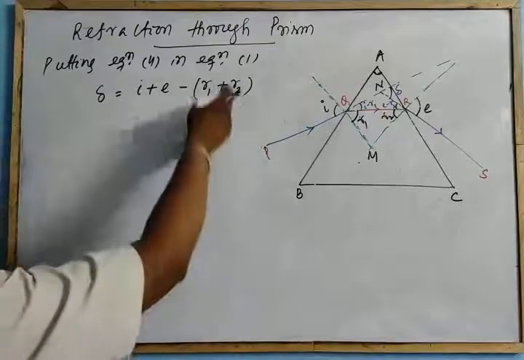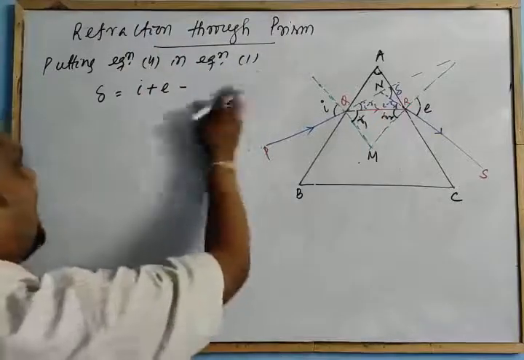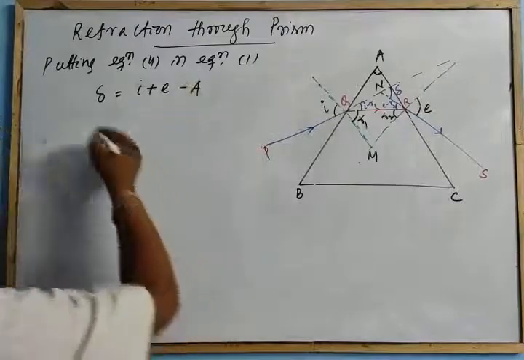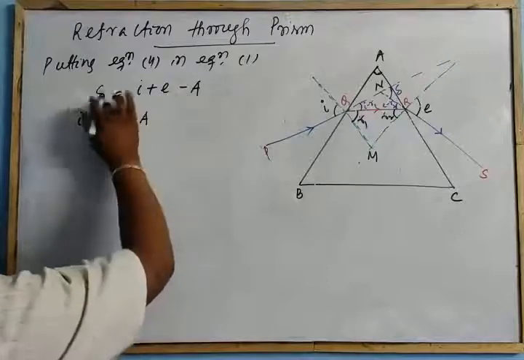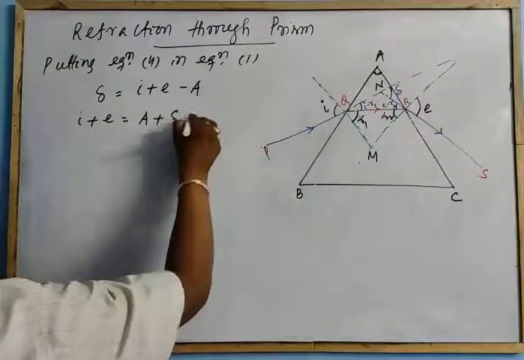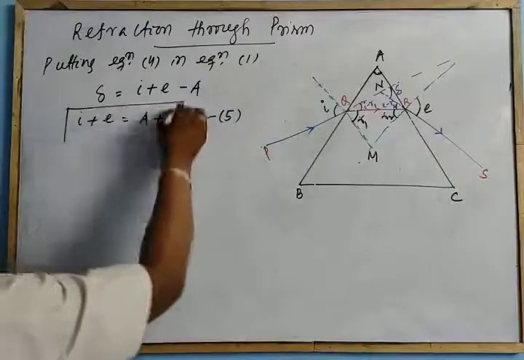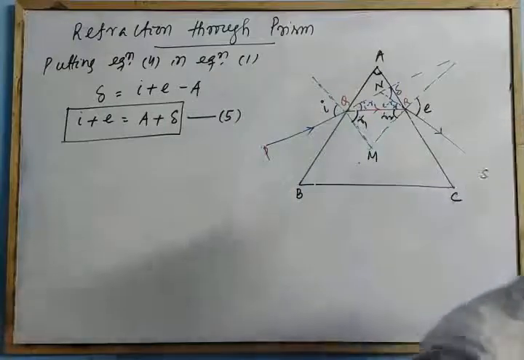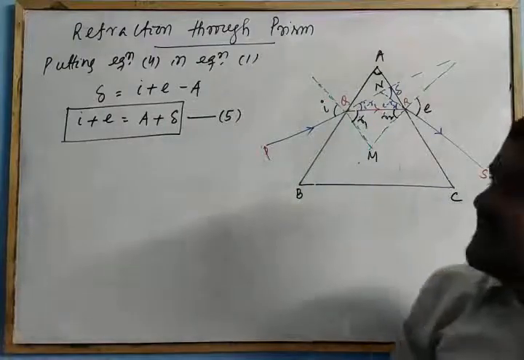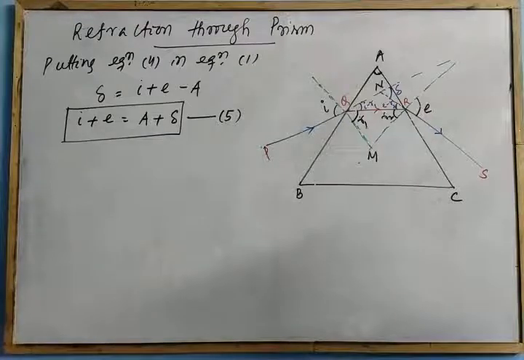If we put equation 4 in equation 1, R1 plus R2 is A. Or I can write I plus E is equal to A plus delta. Equation number 5. This is a very important relation for the deviation produced by a prism. Now you see this expression: I plus E is equal to A plus delta.